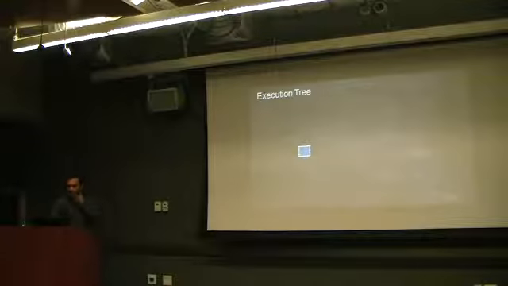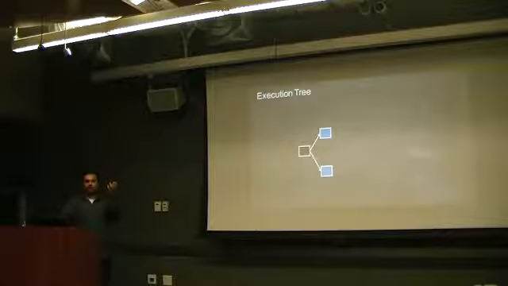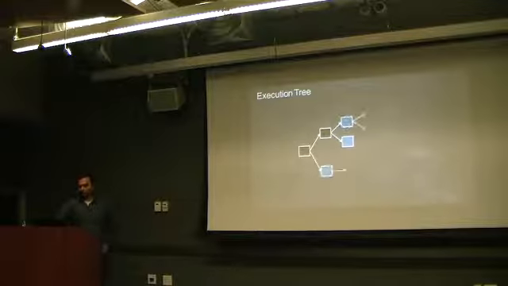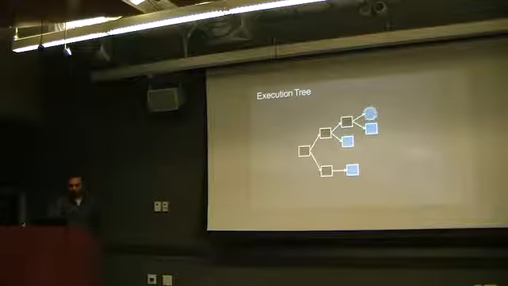Okay, so with asynchronous execution, really think of it as an execution tree as opposed to just a sequential execution, where one of your tasks can create multiple tasks, which can again create multiple tasks, and so on and so forth. Now, if one of those tasks fails, that exception will be propagated up to its parent.